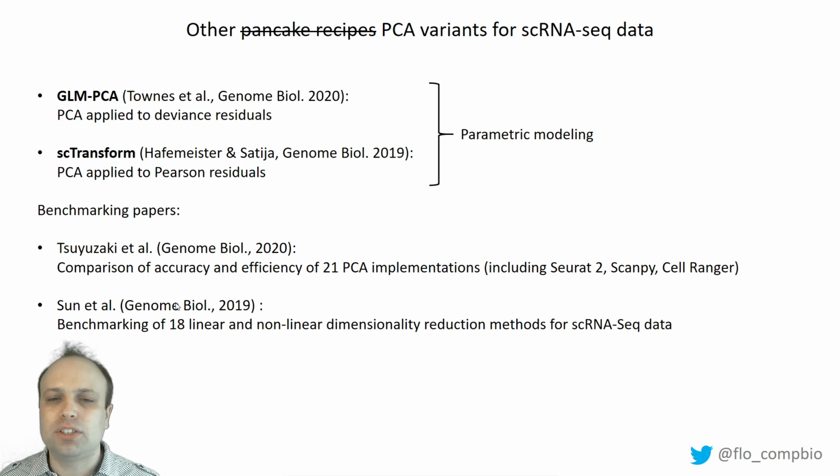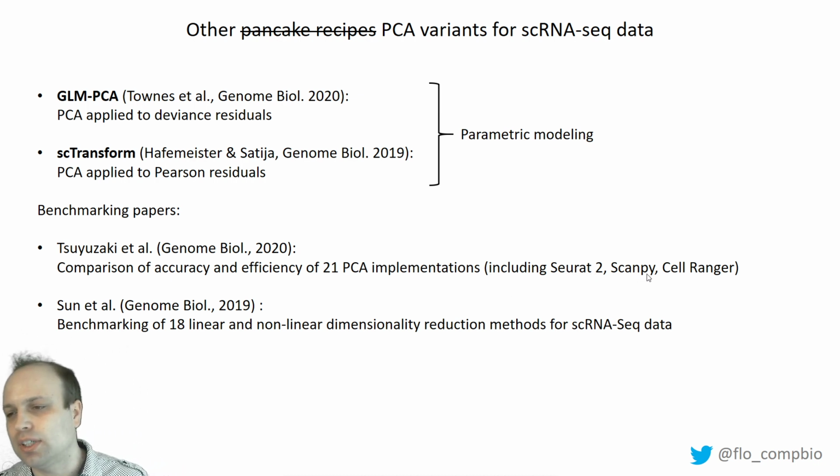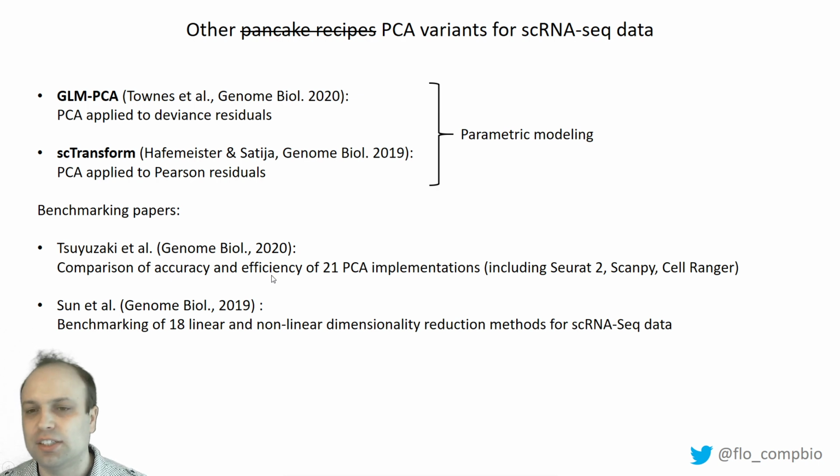And then I wanted to mention some benchmarking papers, which I think are very nice. There's this comparison of different PCA implementations from different single-cell analysis packages, including Seurat, Scanpy, Cell Ranger, and also scikit-learn, the one I'm using, and how accurate and how fast they are, which I think is very useful.